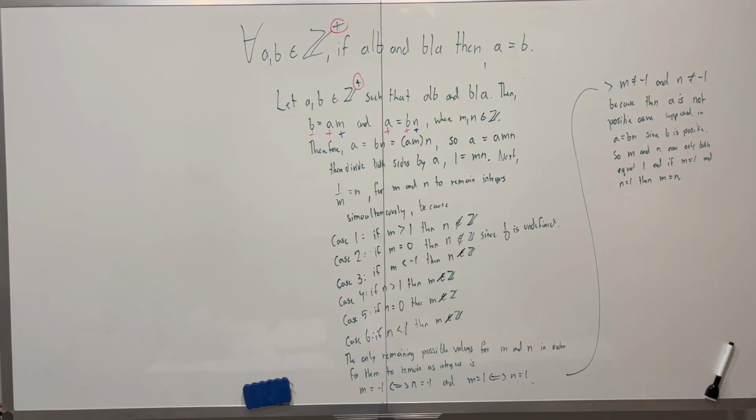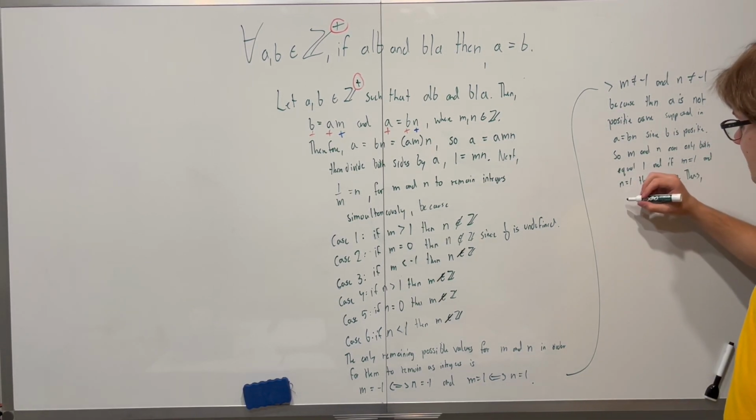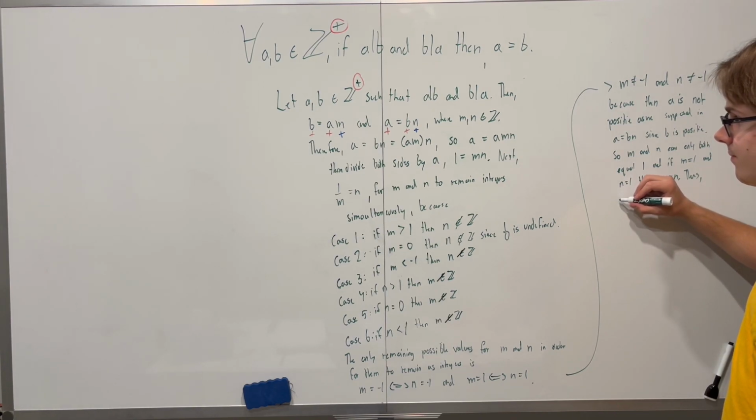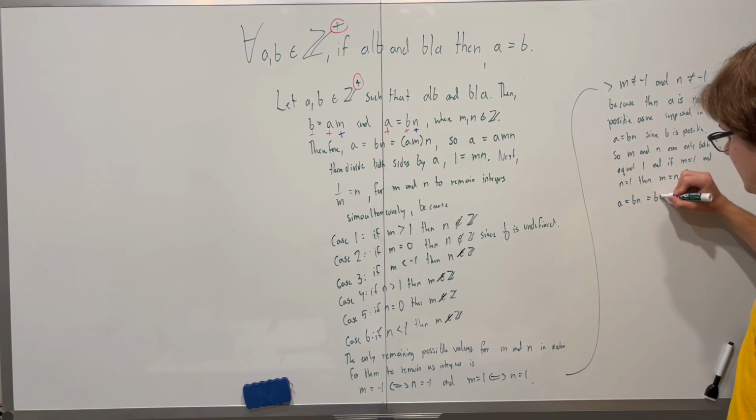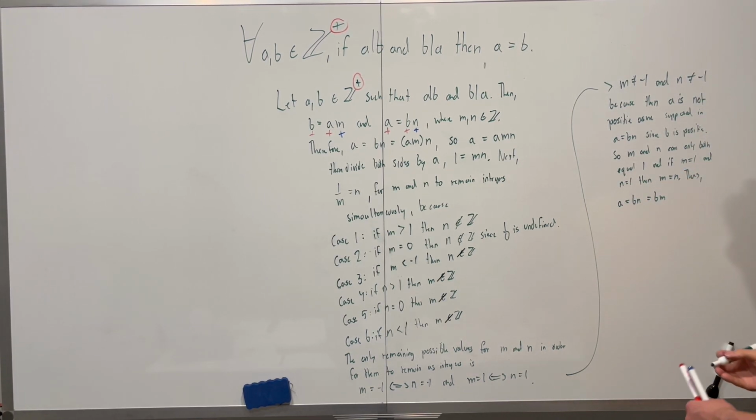Fantastic. Okay, we're almost there. We can then say, thus, a is equal to bn is equal to b times m. Fantastic.